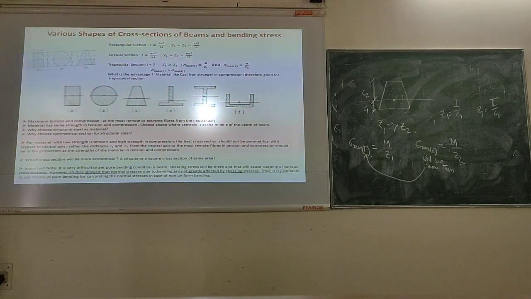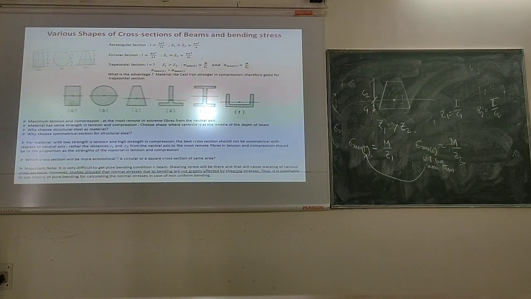Because economy is another very important thing. In that case, what you have to do? To make tension equal to compression, you have to make the depth of the beam very large. If you make a rectangular section, the depth of the beam should become very large. And if you increase the depth, what will happen? C1 will become more, so Z1 will become more. If Z1 becomes more, then sigma max T will become less.